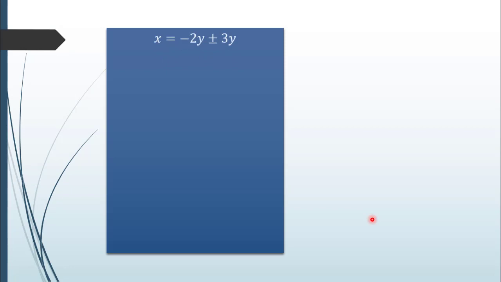After simplification, we get x is equal to minus 2y plus minus 3y. It means either x is equal to minus 2y plus 3y or x is equal to minus 2y minus 3y. On solving, we get two values of x. Either x is equal to y or x is equal to minus 5y.